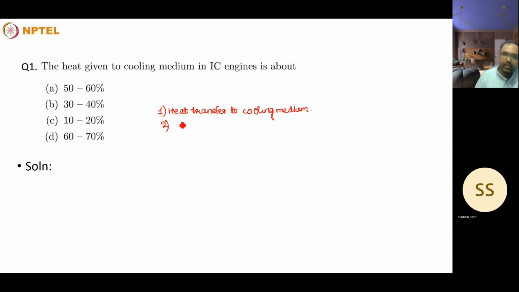There will be some exhaust losses. Third one, there will be some parasitic losses. And fourth one will be the energy output, the power output.